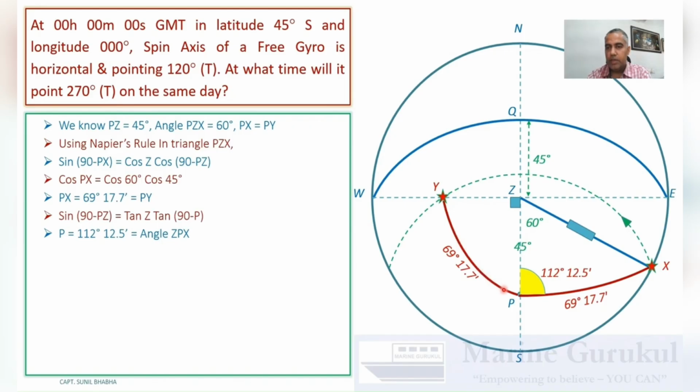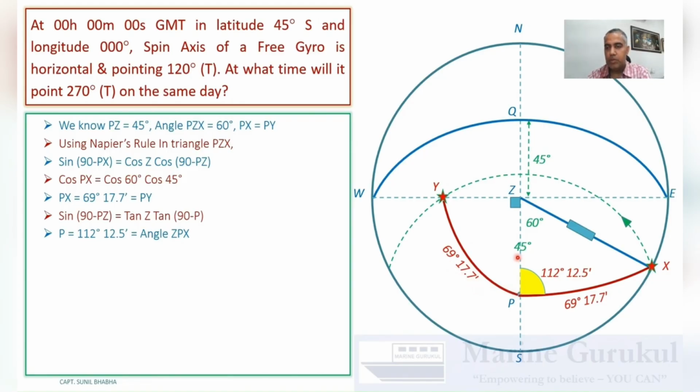Also in this triangle, side Papa Yankee, PY, is again the polar distance of the star. The polar distance of the star, which is 90 minus declination, does not change over a day. So it is practically the same. We had calculated Papa X-ray as 69 17.7. So Papa Yankee, PY, is also going to be the same, 69 degrees 17.7 minutes.